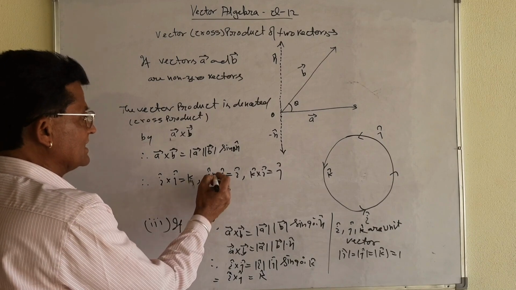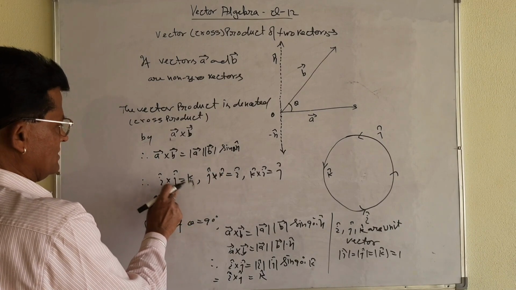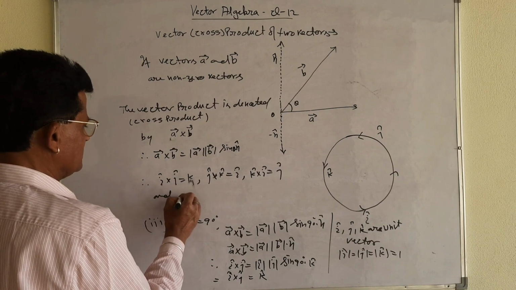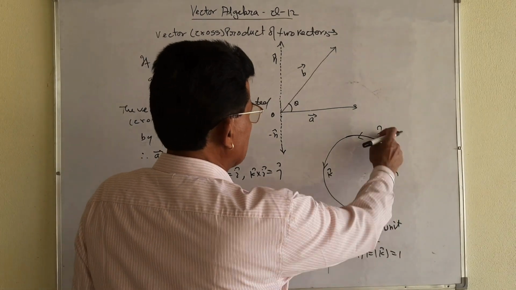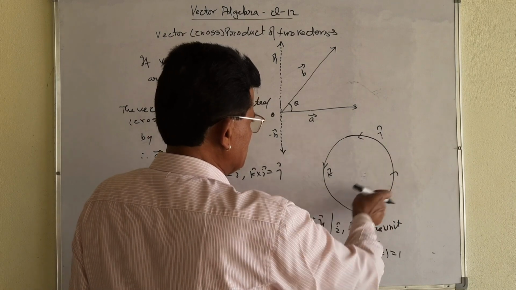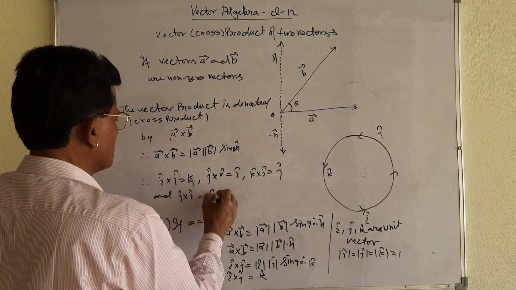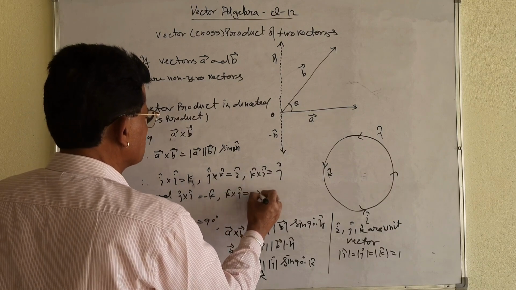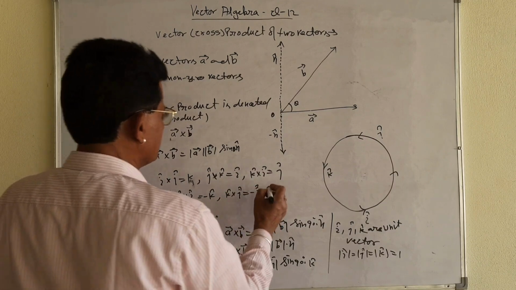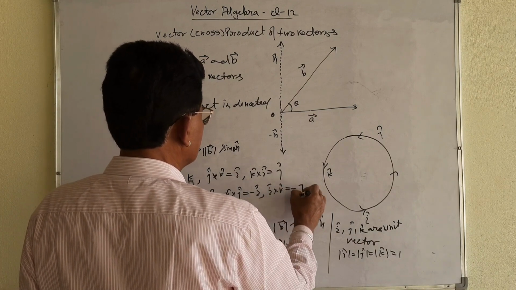If you will change the direction, और क्या बोला मैंने? J cross I means ये देखिए यहाँ पर J cross I, direction will be changed, anti-clockwise. Its direction will be minus K vector. K cross J will be equal to minus I, comma I cross K will be equal to minus J.